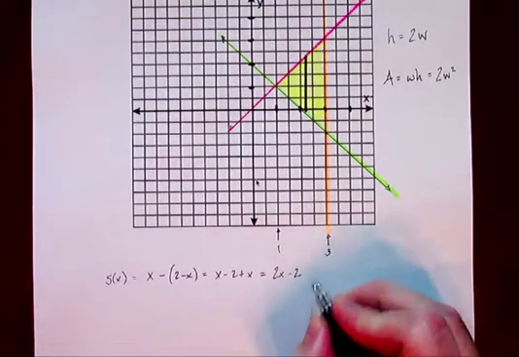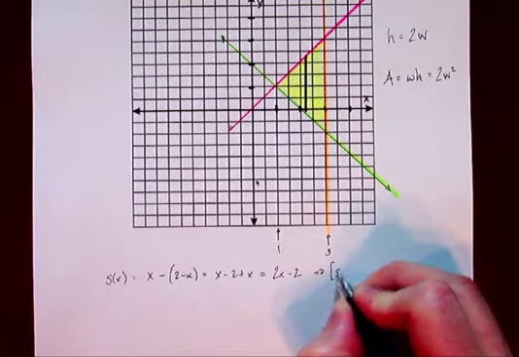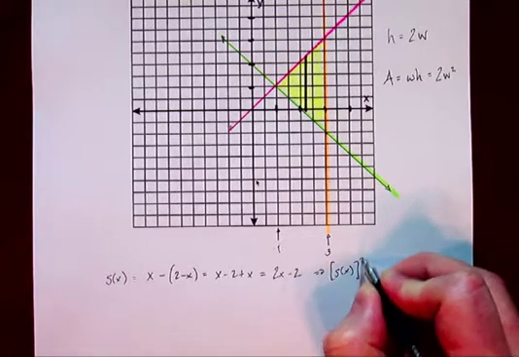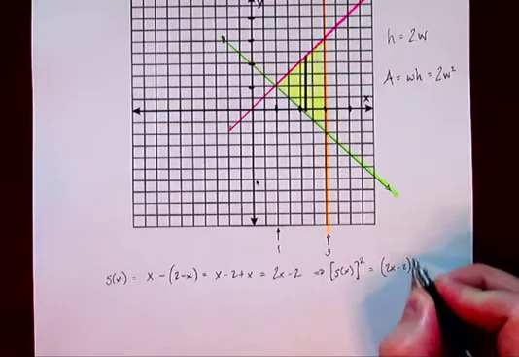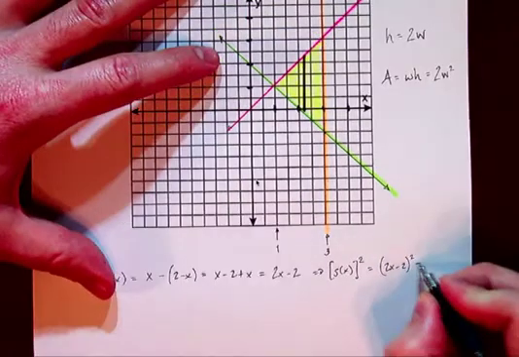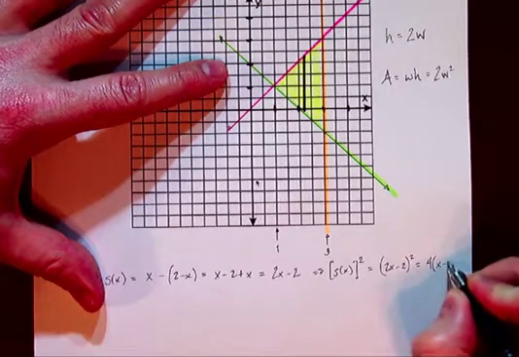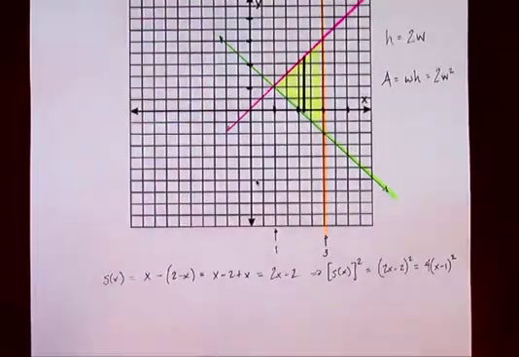Now, that means that my s of x squared is going to be 2x minus 2 squared, or, if you want, 4 times x minus 1 squared. Because if you pull the 2 out, the 2 being squared is 4, right?